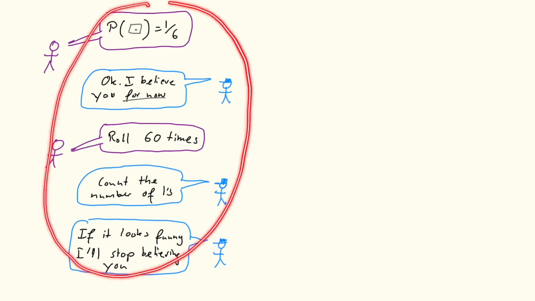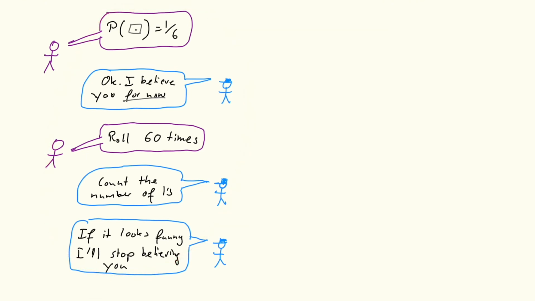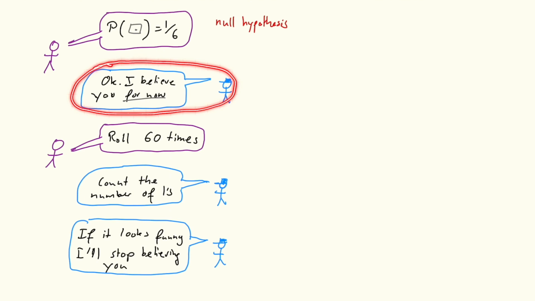Here we already have all the ingredients of a statistical test. First off, we have a statement that we are trying to disprove. This is called a null hypothesis. When constructing the test, we operate under the assumption that the null hypothesis is true. Why we do that will become apparent shortly.